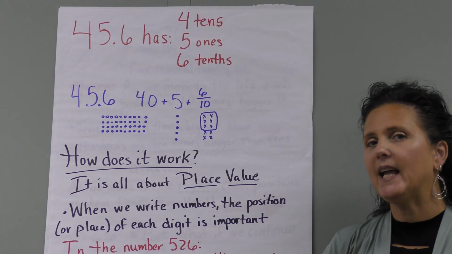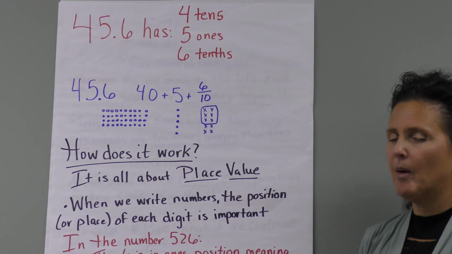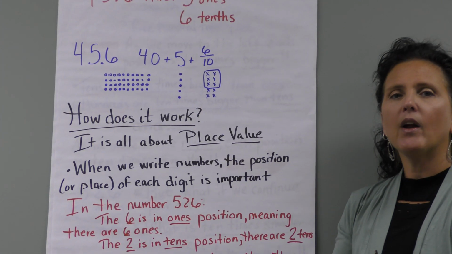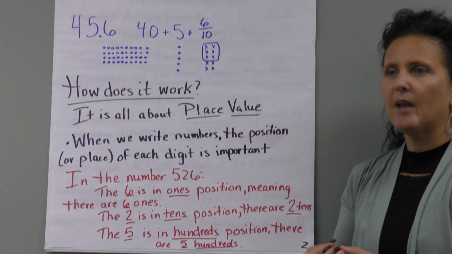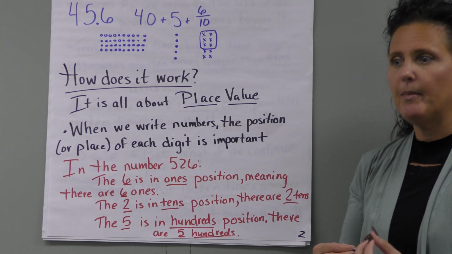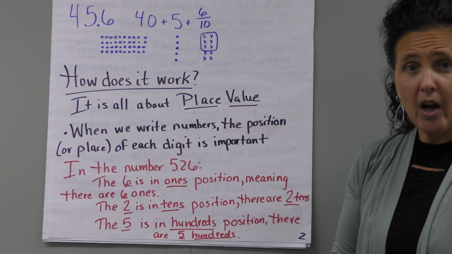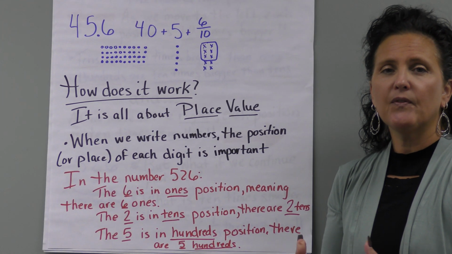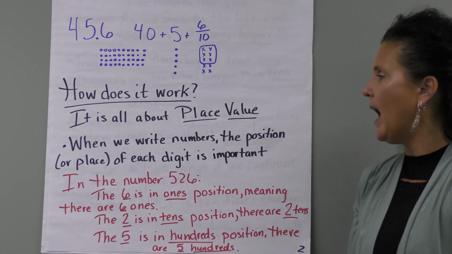So how does this work? It's all about place value. When we write numbers, the position that we put them in, or the place in which they are, is very important. It would be like me telling you I have $1 compared to $10 compared to $100 compared to $1,000. Where I put that decimal point defines how much of each number I have.